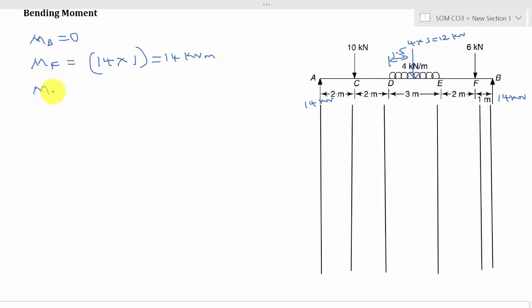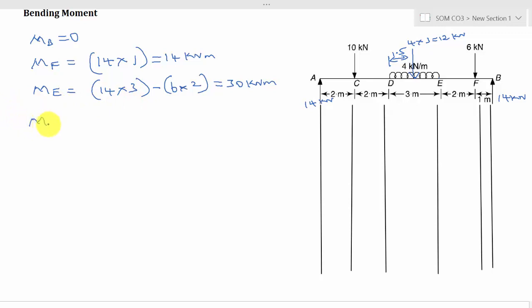Then ME is equal to 14 into the distance, 2 plus 1 is 3. It is acting in the counterclockwise direction, so positive. Then this 6 kilonewton is acting at a distance of 2 when you consider point E. So it is 6 into 2 and it is acting in the clockwise direction, so it is minus. That is equal to 30 kilonewton meter.